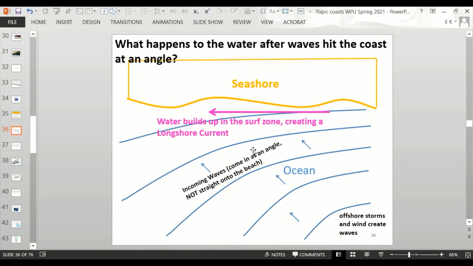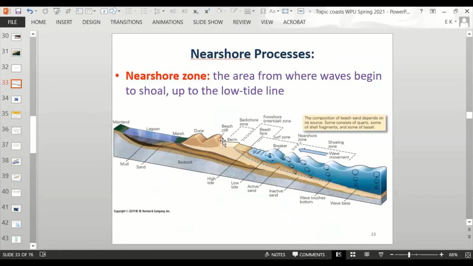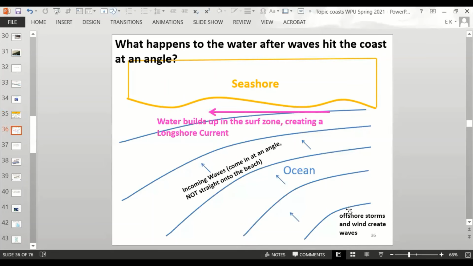So then after these waves hit the coast at that angle, it causes water to build up in the surf zone. Surf zone is over here. That's where the breakers are hitting the coast. So all this water is hitting the coast and it builds up and you get this current.